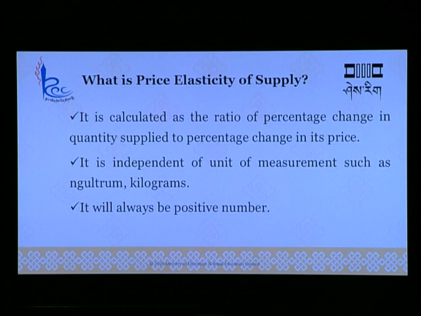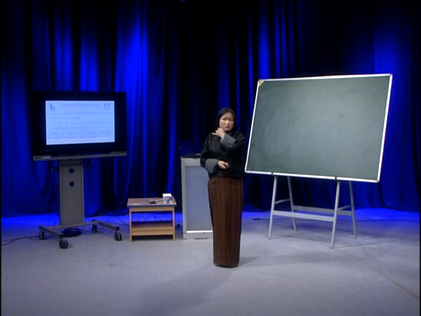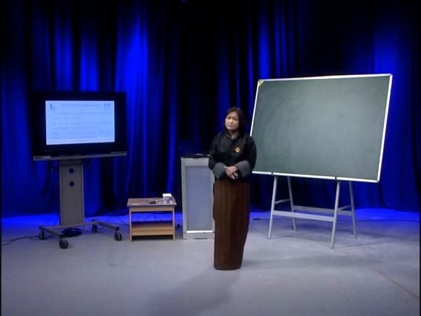Did you get me? Okay, let's repeat. If you have to define elasticity of supply, it is the degree of responsiveness of the quantity supplied of a commodity in response to a change in its price. So elasticity tells us by how much the quantity changes with the change in the price. I hope you are clear about the elasticity of supply.